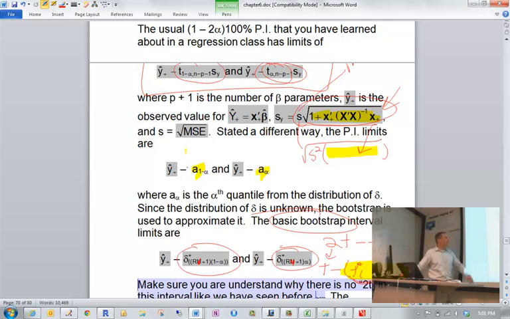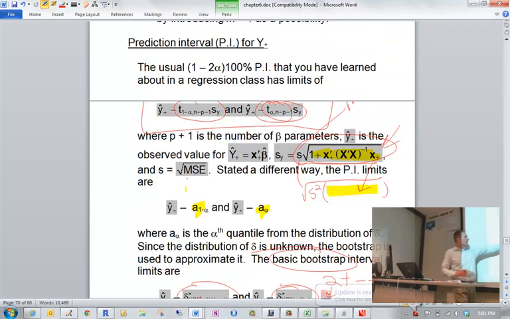So what I do is take advantage of what we saw up here, back in the notes where I mentioned this first, where this sy squared is equal to s squared times 1 plus this other stuff here. What R is giving us automatically is s, and it's taking s times the square root of just this part, the x plus prime, x prime x inverse, x plus part.